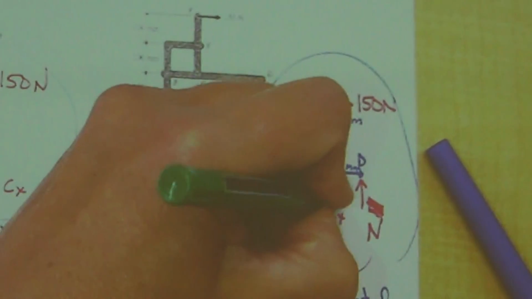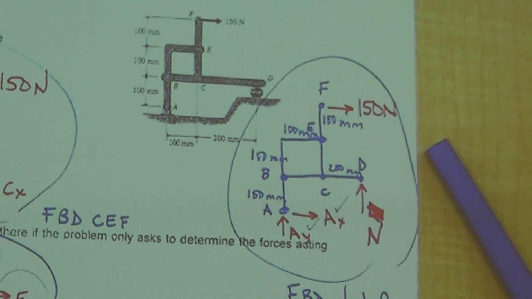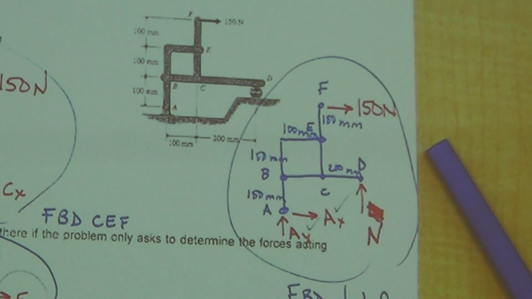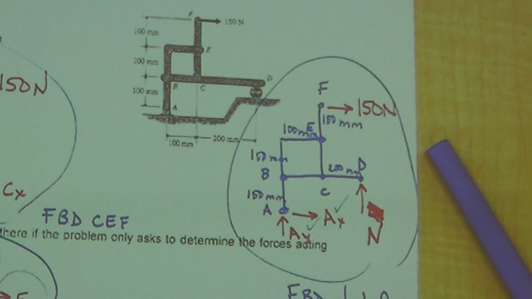Now we still need the B's and we still need the E's. Okay, where are we? Lonnie, we're up to you. Look at the free body diagrams, one at a time.